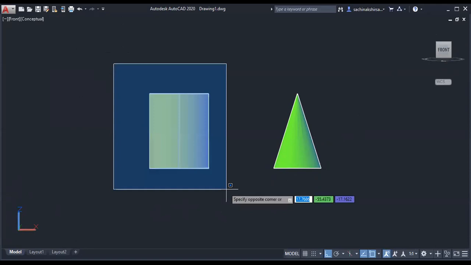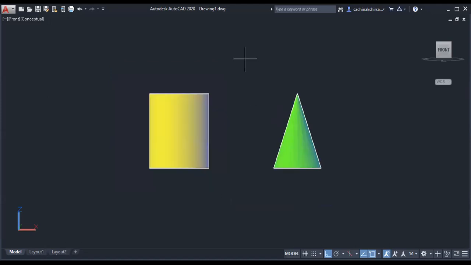If you want to see it from the front, first object, how will it be? Rectangular, very good. It will be a rectangle. And what will be the front view of the cone, the second object? Triangular. It will be a triangle only.